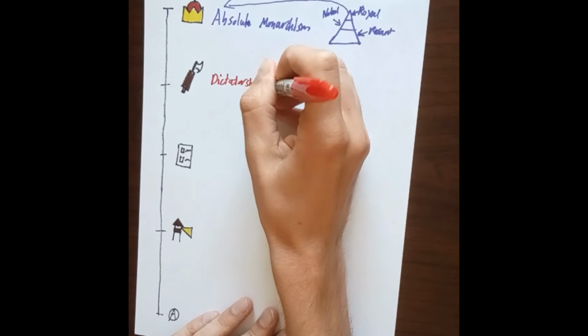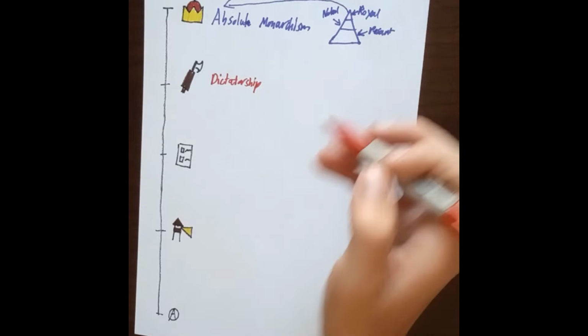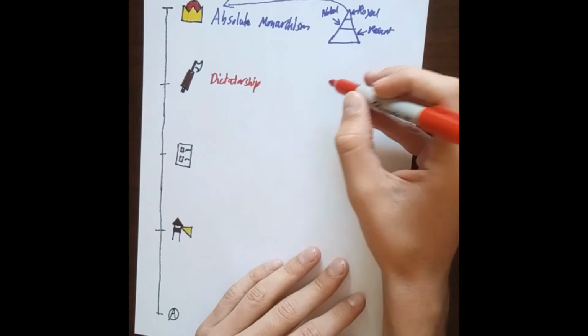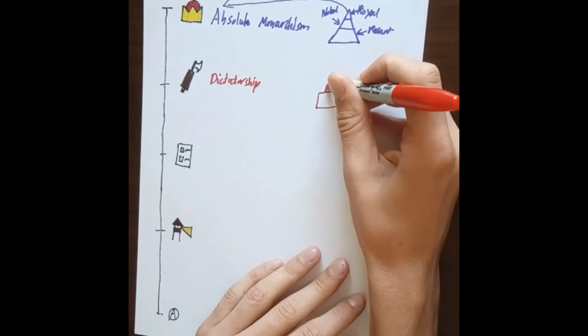dictatorship. All right? So we have dictatorship, all right? So dictatorship is basically where there is one person that has absolute control, but that person is appointed by elected officials. So you still have the pyramid structure, but it's more blocky.